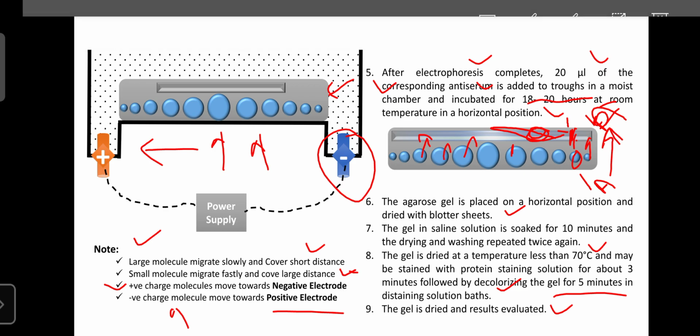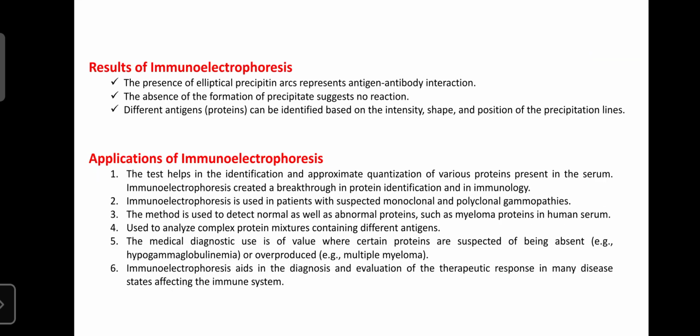Regarding the results of immunoelectrophoresis, the presence of elliptical precipitation arcs represents the antigen-antibody reaction. The absence of precipitate formation suggests there is no reaction. If the color band is formed, it indicates positive. If there is no color, it denotes a negative result.